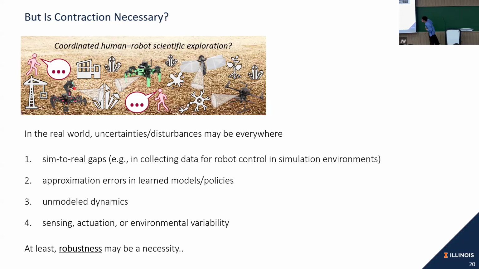And there could be sensing and actuation noises and so on. But my point is that maybe contraction is not a necessity, but at least being robust against all these uncertainties, disturbances, and perturbations can be a necessity. That's the underlying motivation for emphasizing a control theoretic perspective in data-driven systems, modern intelligence systems.